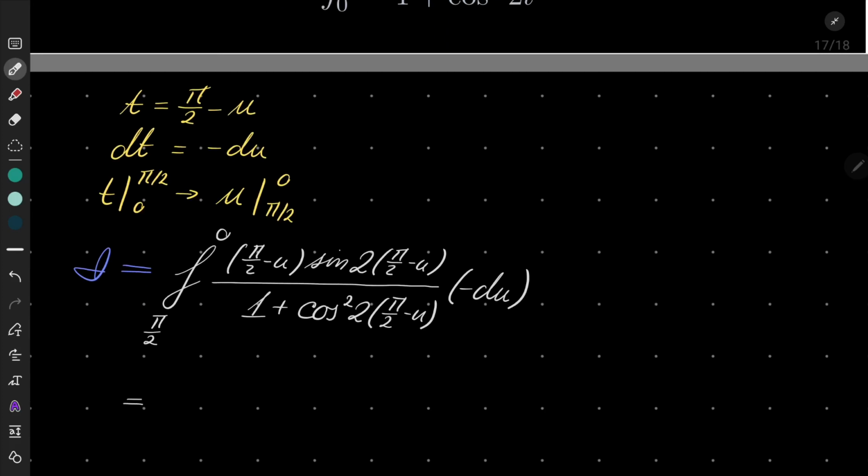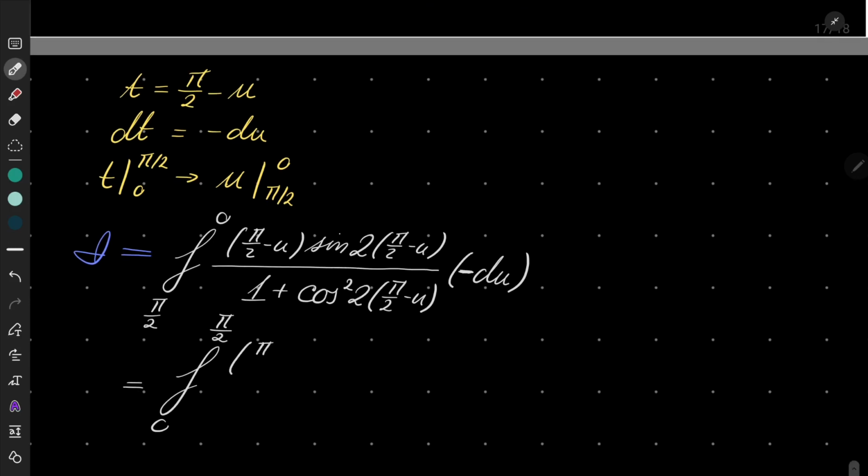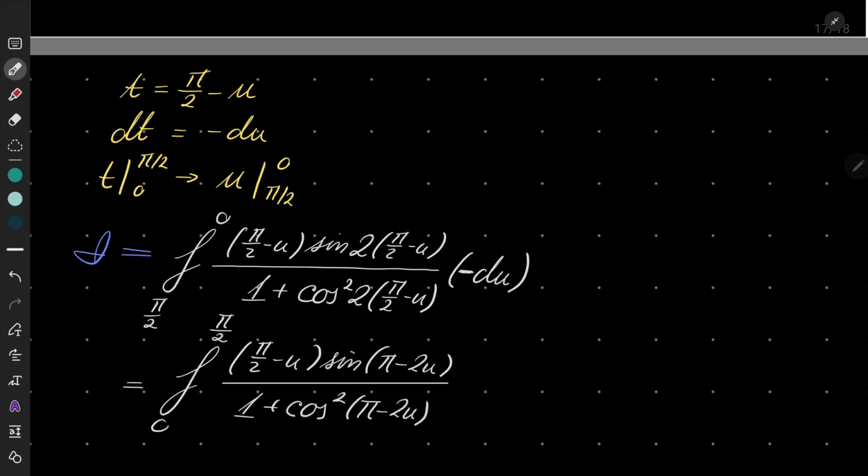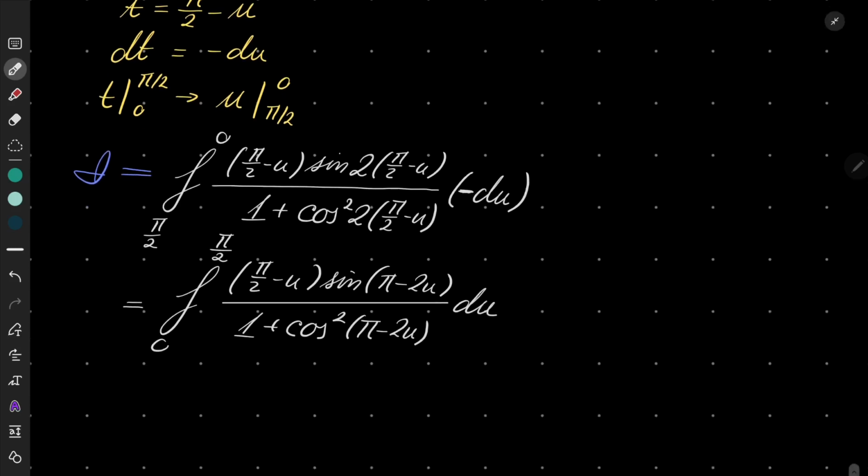And what next? Well, first I will take this minus standing next to du to change the bounds of integration from 0 to pi over 2. And I have pi over 2 minus u, sine of pi minus 2u, over 1 plus cosine squared of pi minus 2u, du.